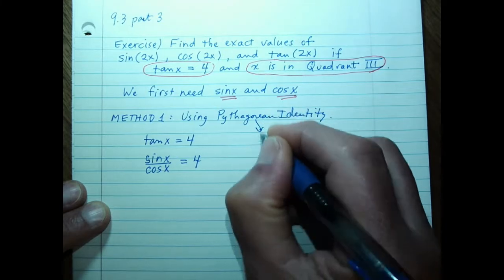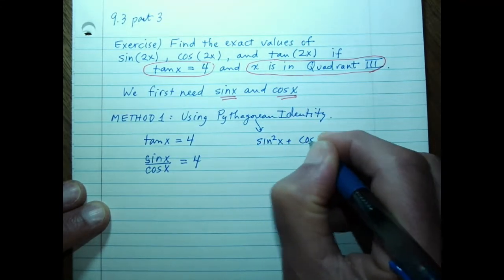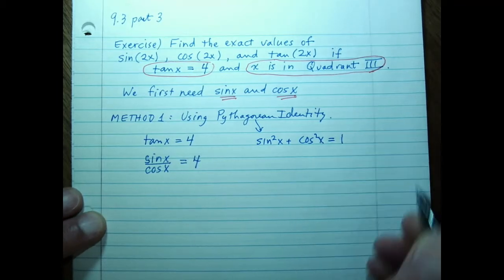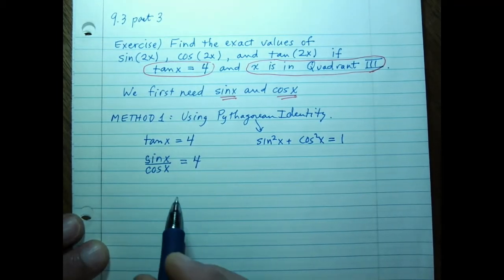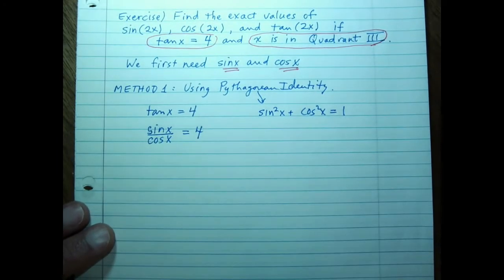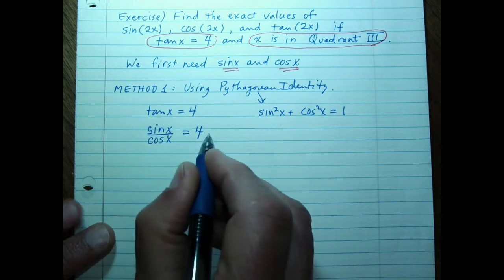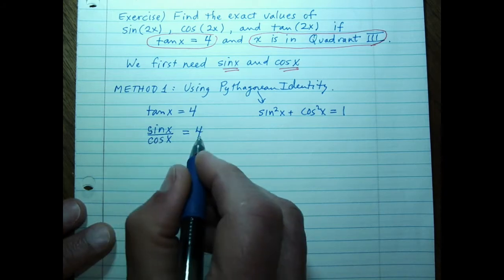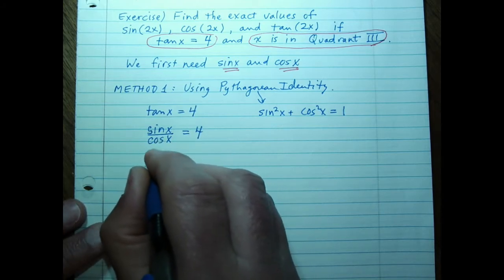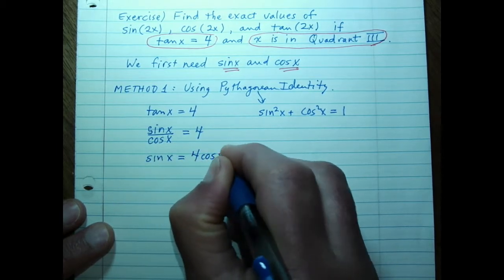And I am going to use sine squared x plus cosine squared x equals 1. I'm going to think of this as a system of two equations and two variables. I can multiply both sides of this equation by cosine to get sine x equals 4 cosine x.